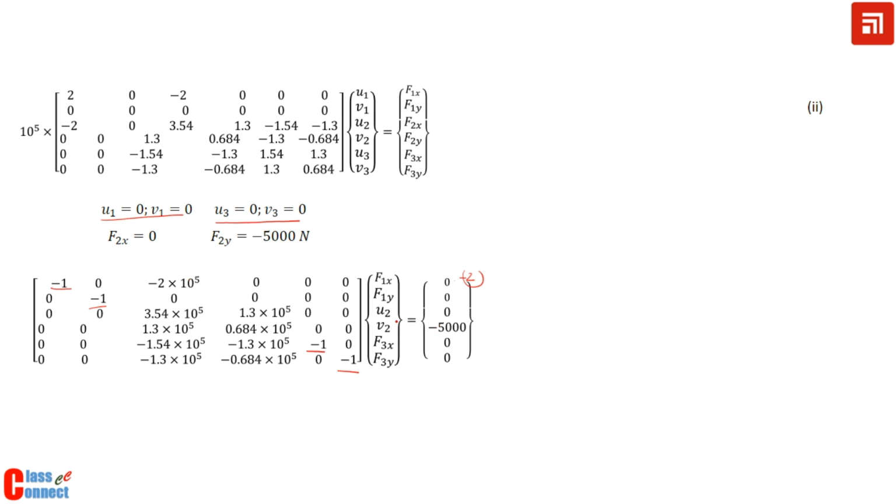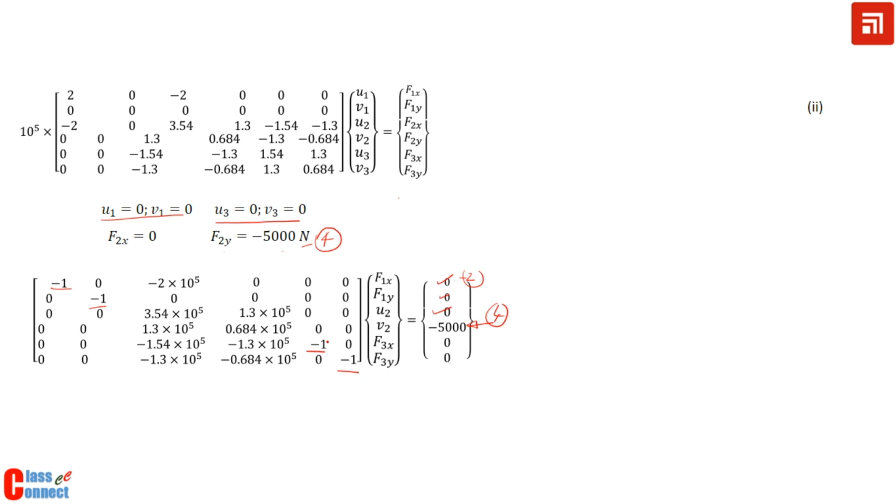And here the force is available only at node number 2 along the y-axis, which means it is the fourth degree of freedom. If it had been acting at node number 1 along the x-axis, it would have appeared here; along the y-axis, it would have appeared here; and if it had been acting along the x-axis at node 2, it would have appeared here. So it is acting along the y-axis of node 2, which is why it appears at the fourth place, the second degree of freedom of node number 2.